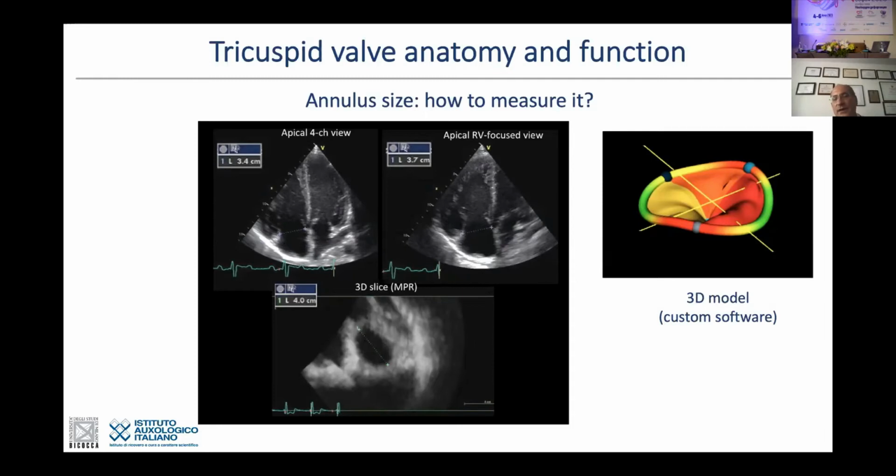With the 3D echocardiography, we can also reconstruct the annulus in order to obtain anatomically sound images without any geometrical assumptions about its shape.